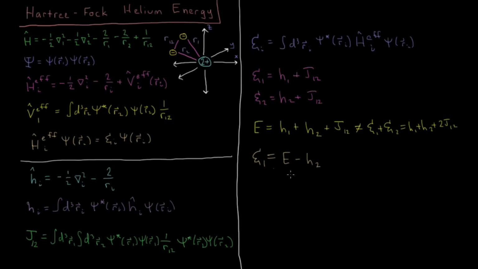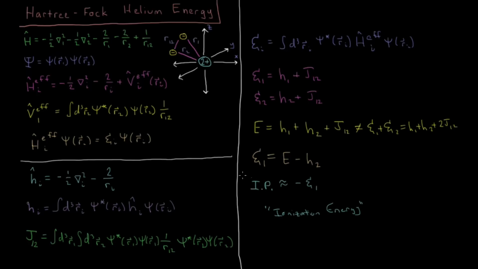So if you think about what this means and rewatch that to get a grasp on what I just said there, you'll find that this is equivalent to the ionization potential for that given electron. So we have that the ionization potential is approximately equal to the orbital energy for a given electron.